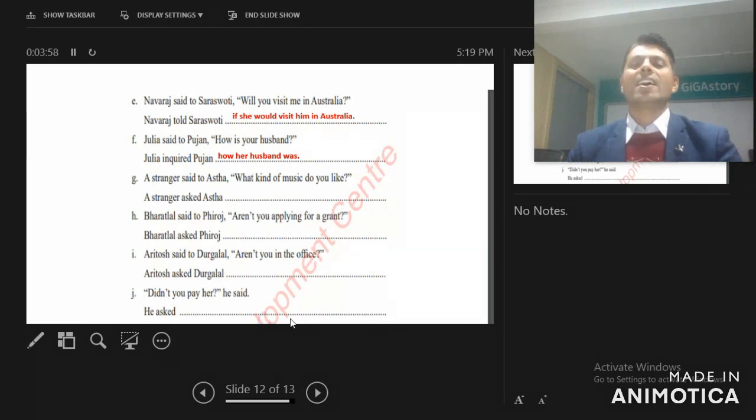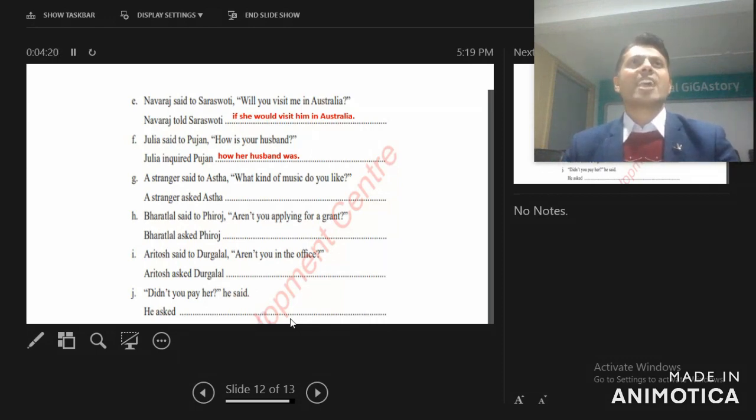Got it? Okay, now come to number G. Look at the question very first. A stranger said to Asta, what kind of music do you like? Now look, said to becomes asked.